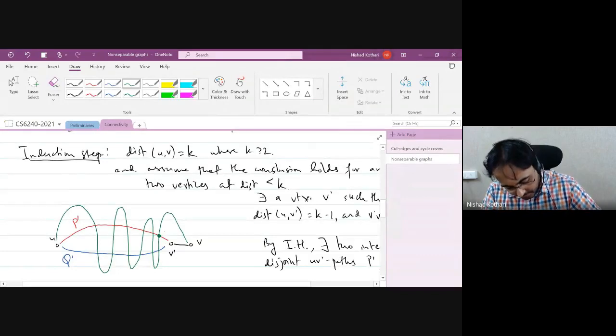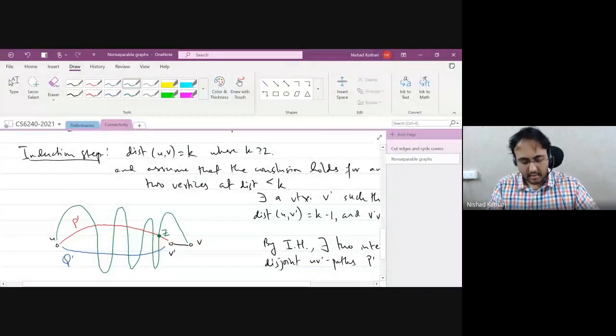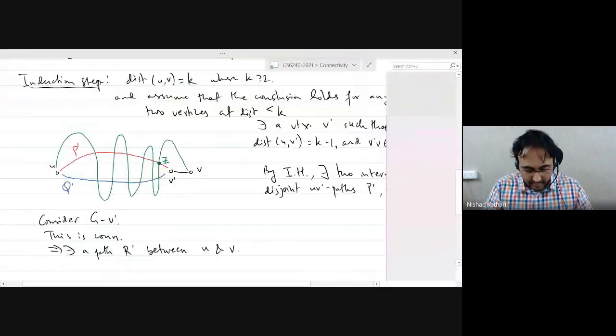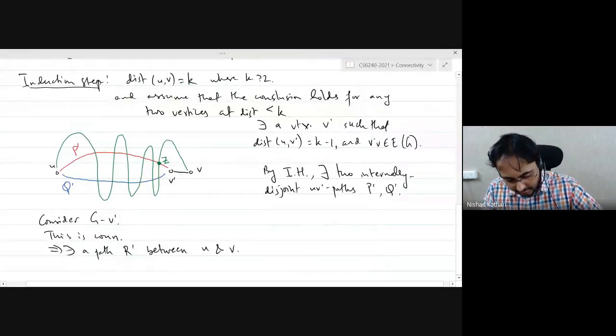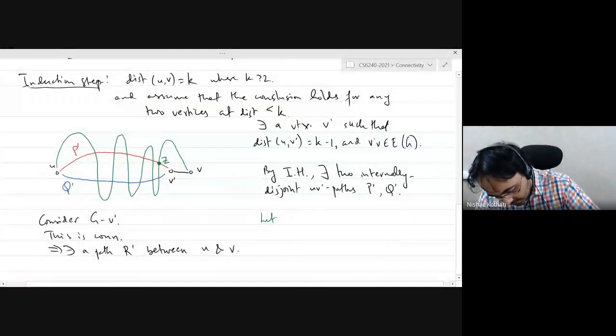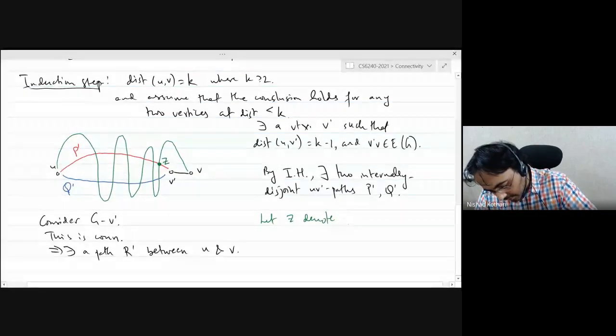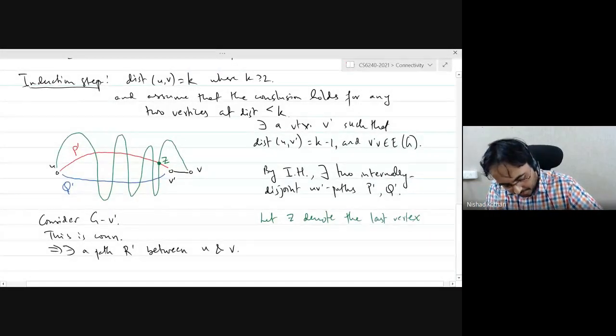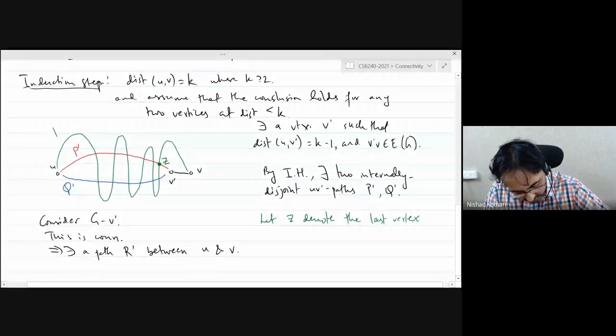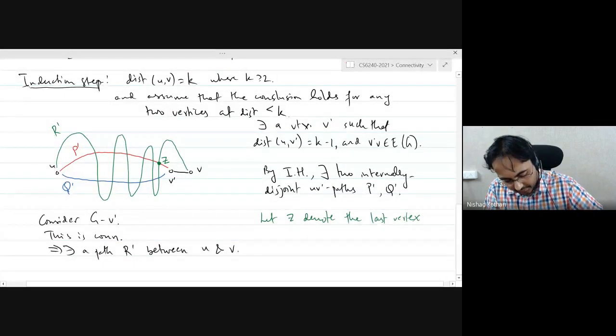Supposing this is my vertex Z, which is the last point where the path R prime... So let Z denote the last vertex on R prime. So again, when you say first and last, you need to define a traversal direction.